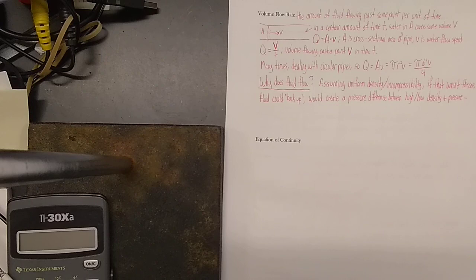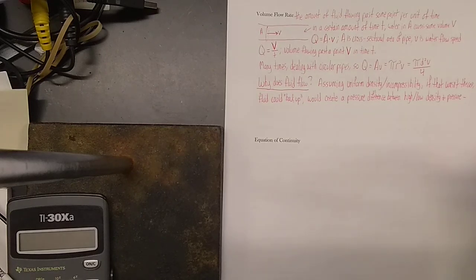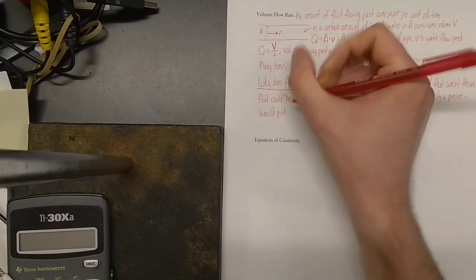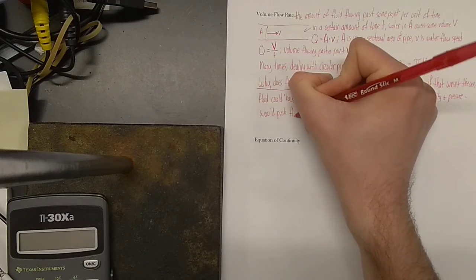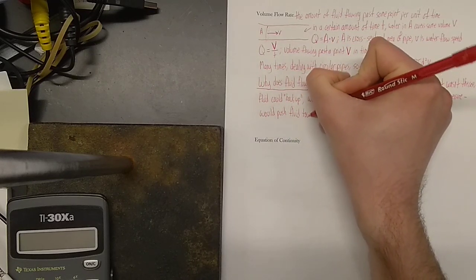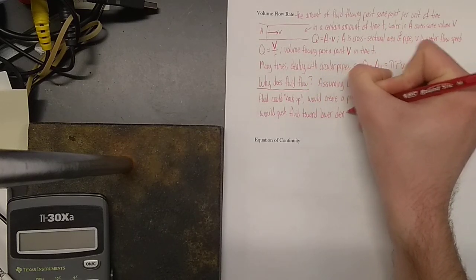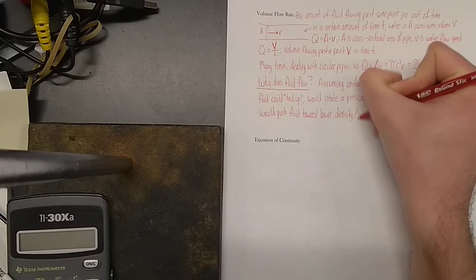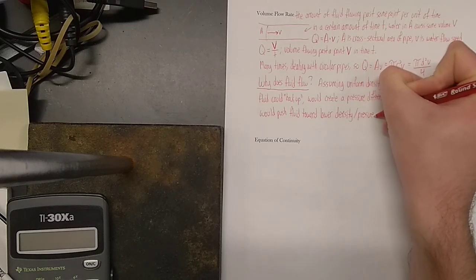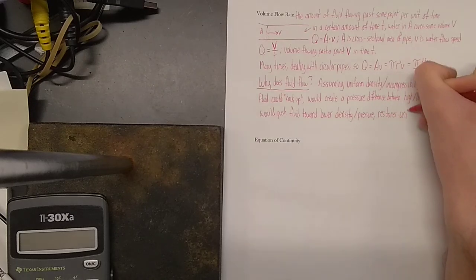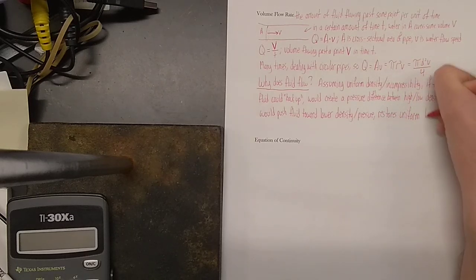Because there's a pressure difference, there will be a force that would push the fluid toward the lower density or pressure, which restores uniform density. So in other words, it's self-correcting.